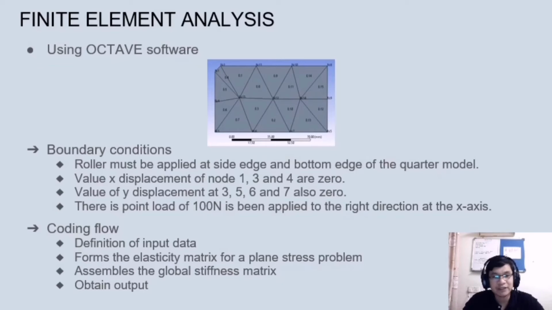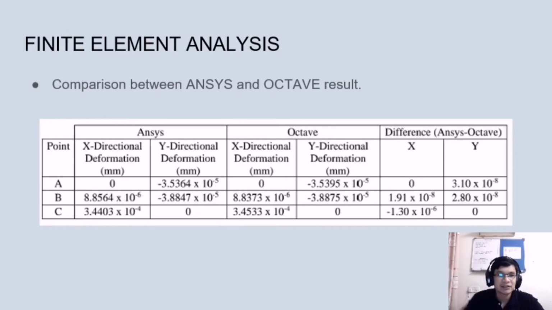Then we form the elasticity matrix for the plane stress problem, and we use a function to assemble the global stiffness matrix, and then we will get the output data, where we must compare the x and y displacement at points A, B and C between Octave and ANSYS. Next is the comparison between ANSYS and Octave results.